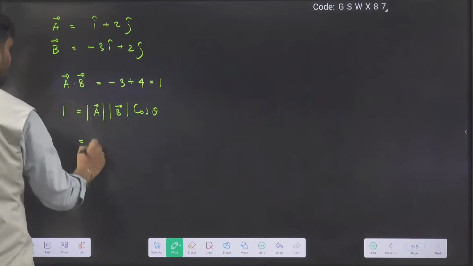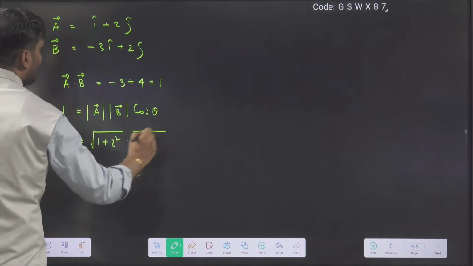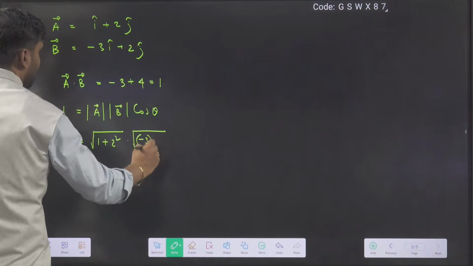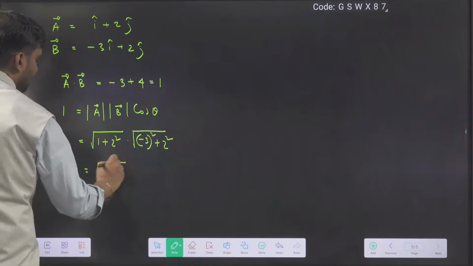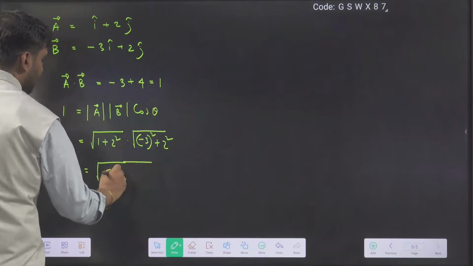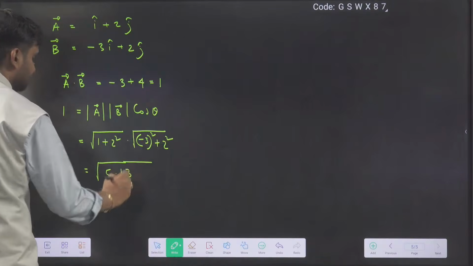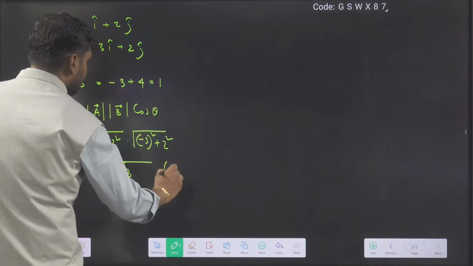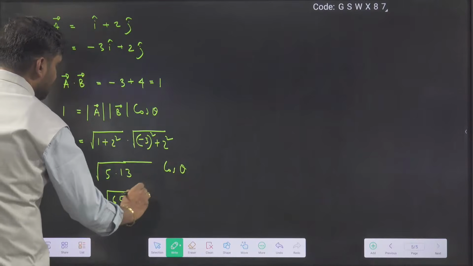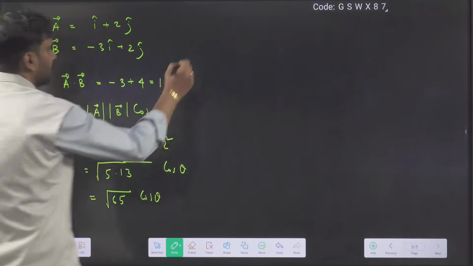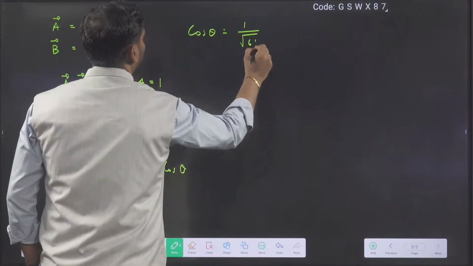How much is the magnitude of a? Under root of 1 plus 2 square, times under root of minus 3 whole square plus 2 square. So this is under root of 5 times, 9 plus 4, that is 13, under root of 65 times cos theta. So cos theta is 1 by under root of 65.